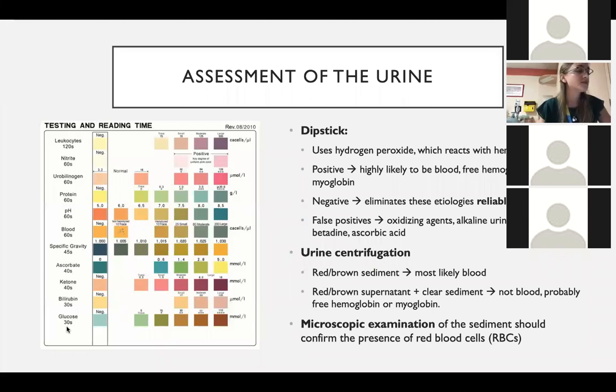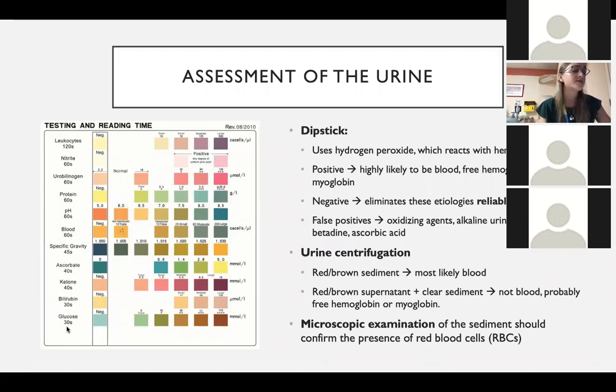In some situations, such as oxidizing agents, alkaline urine, some bacteria, betadine, or ascorbic acid, false positives are possible. A negative dipstick, however, does eliminate the possibility that these etiologies are behind the hematuria, right?